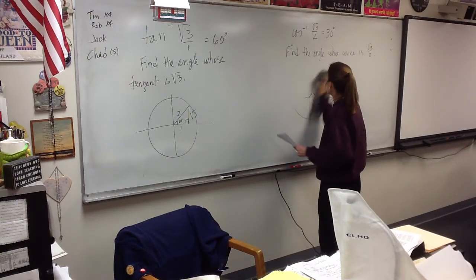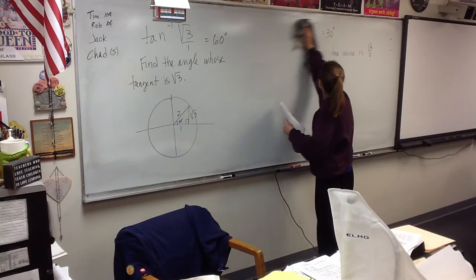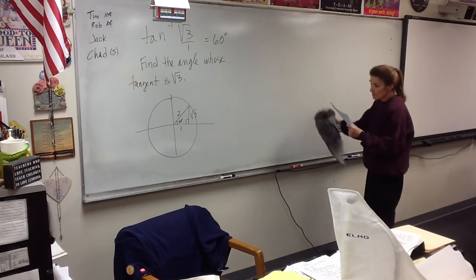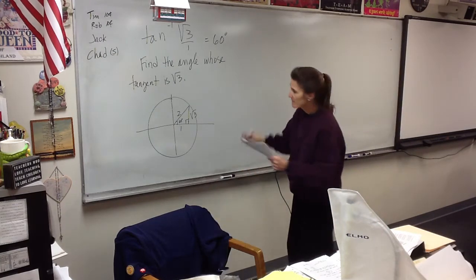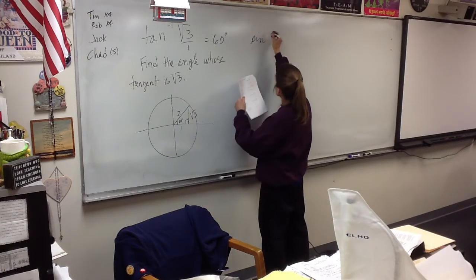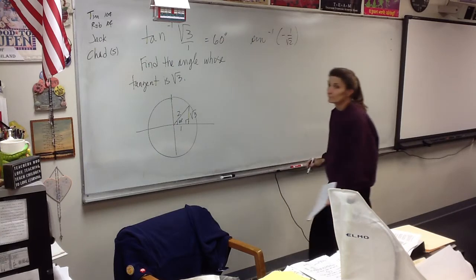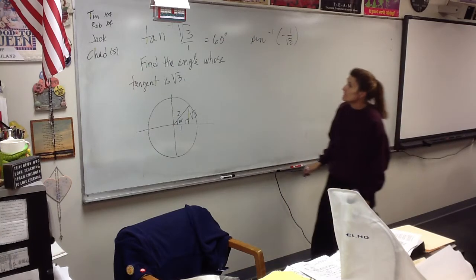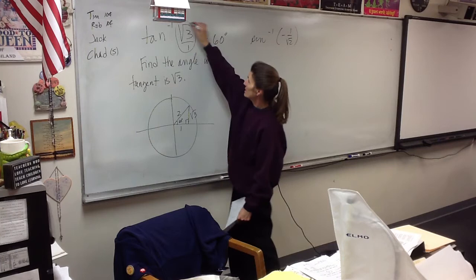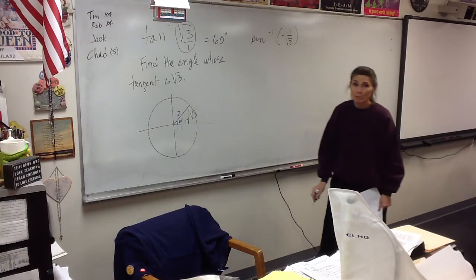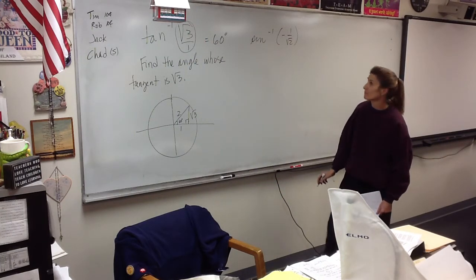Well, this is pretty easy so far. Here comes a tricky one. It's got a negative number. So now we have to learn the negative rules. Remember, if this number is positive, you are always going to draw your picture in quadrant 1.